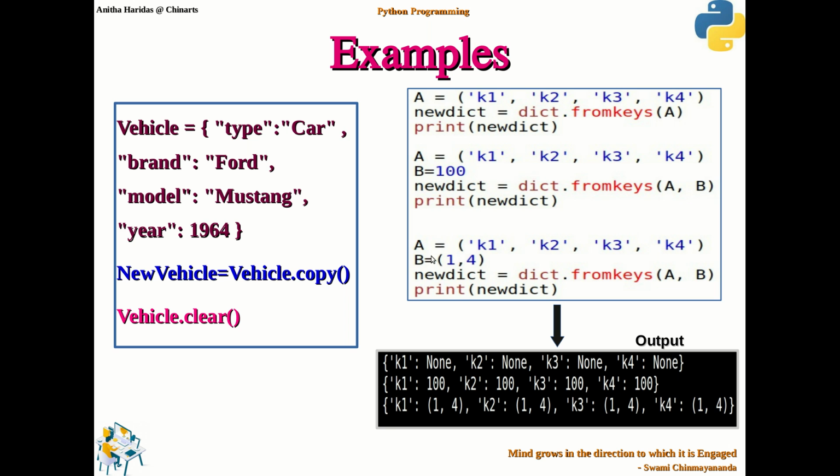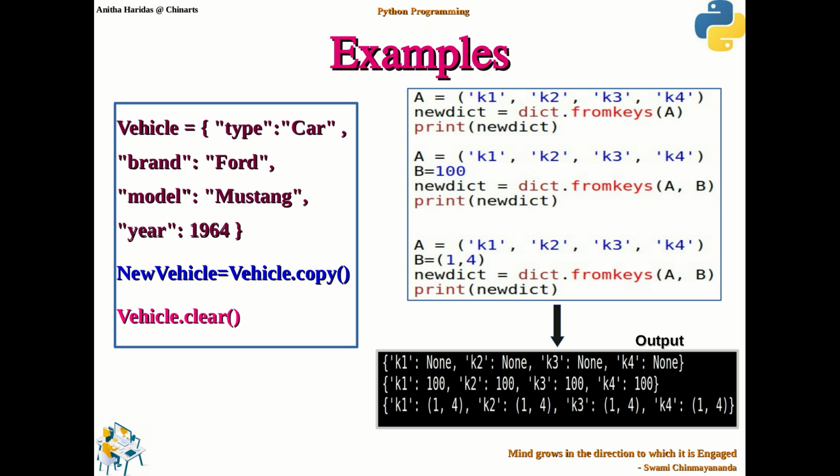Whereas if I have a tuple as the value, for that tuple also it is going to take it as the value for k1, k2, k3 and k4. So for all these keys, it is going to take 1, 4 as its value. So A gives the keys and B gives the values. That is what you call the fromkeys method.